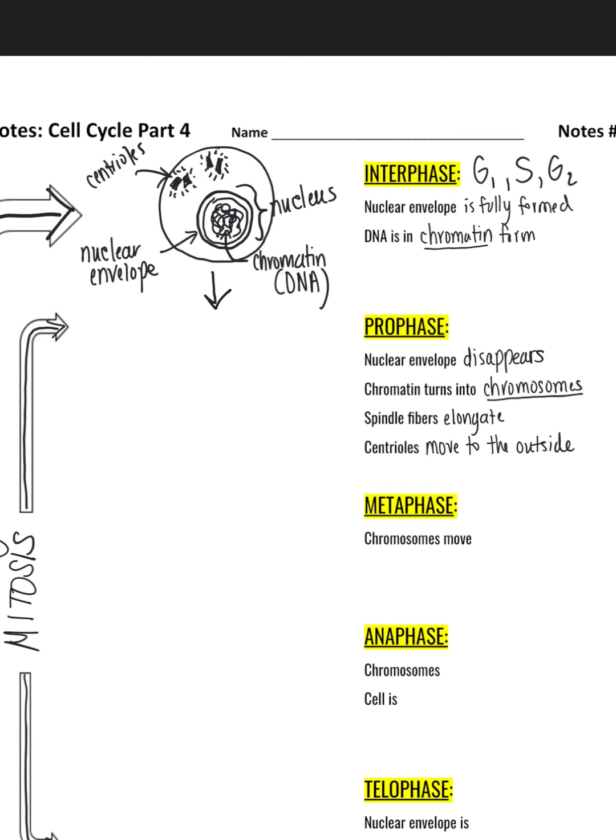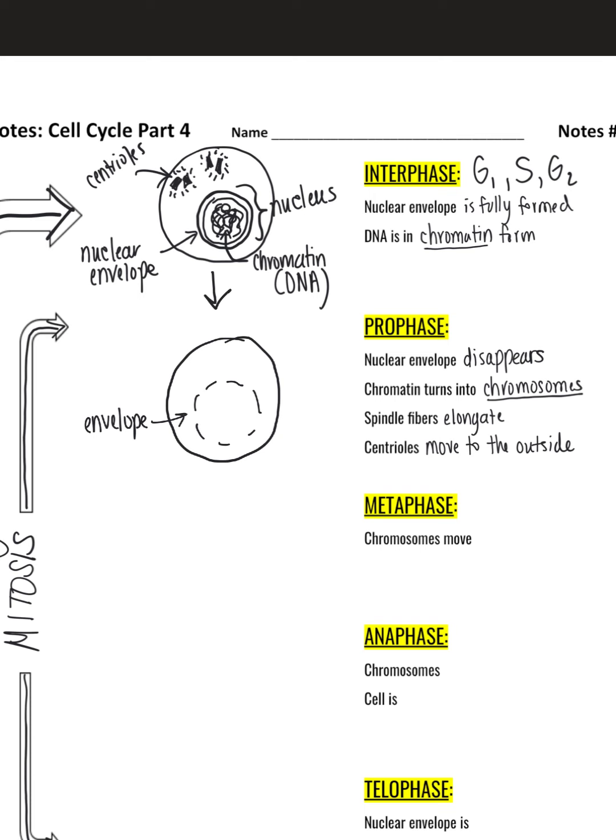So I'm just going to draw a little arrow showing that we're going into prophase. I'm going to draw a dotted line to show that the envelope is disappearing. That nuclear envelope's going away.